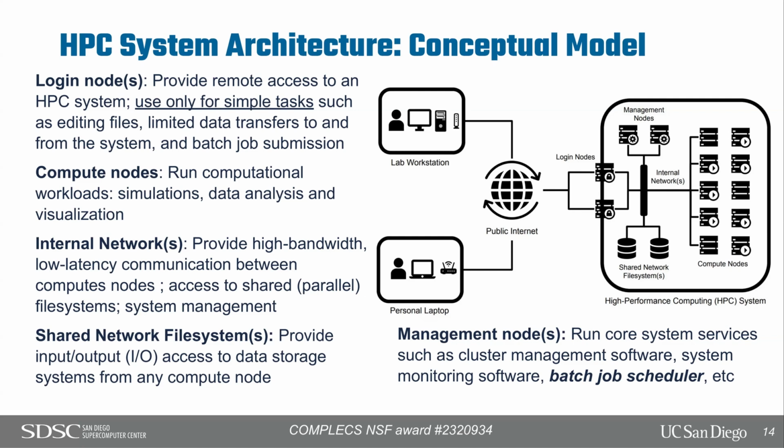And the job scheduler, which we're talking about here, runs on a different set of management nodes. This is the conceptual model that I presented last time that I like to instill as we talk about HPC systems and demonstrate how these workflows are executed on the system and how you interact with them.